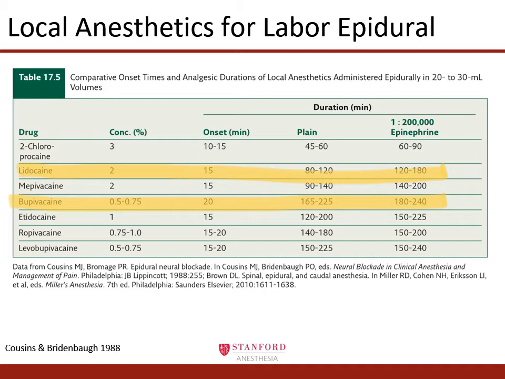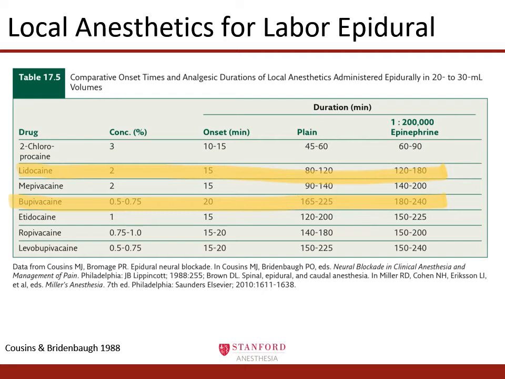Bupivacaine can be used in 0.25%, 0.5%, or even 0.75% solutions. Its onset is 20 minutes. The duration is up to 225 minutes and is only slightly prolonged with addition of epinephrine to 240 minutes. If you're trying to achieve labor analgesia, increasingly dilute solutions of bupivacaine can be used, such as 1/8% or 1/4%.